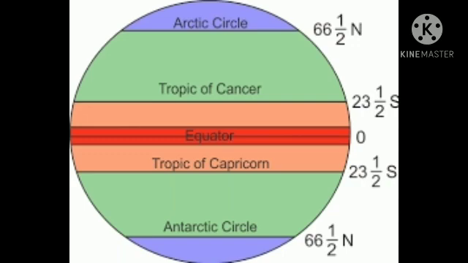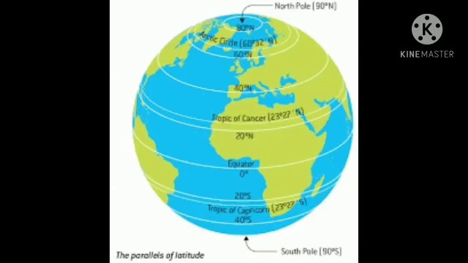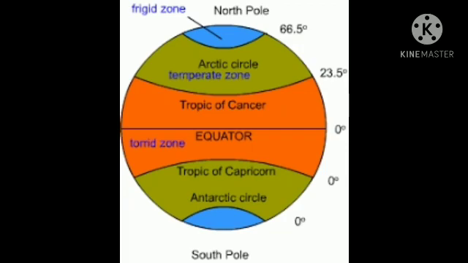The equator at 0 degrees. Tropic of Capricorn, 23 and a half degrees south. Antarctic Circle, 66 and a half degrees south. South Pole, 90 degrees south. So these are the important latitudes with their degrees.